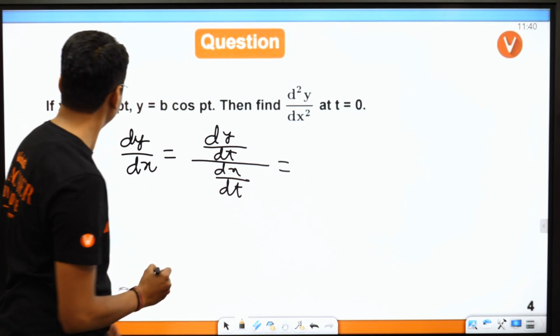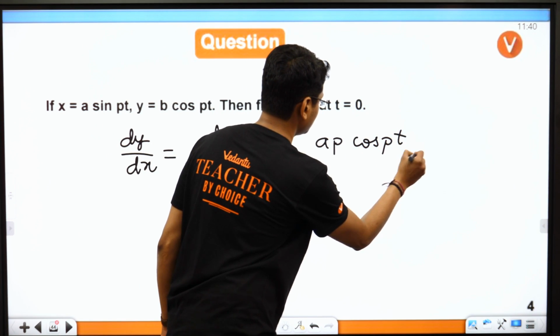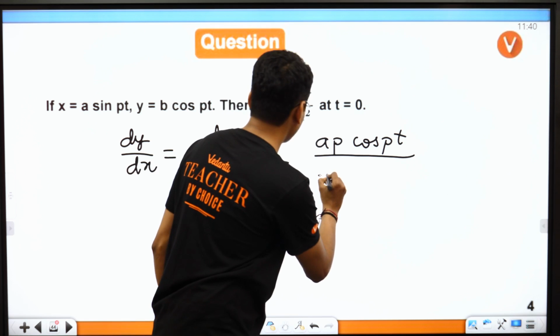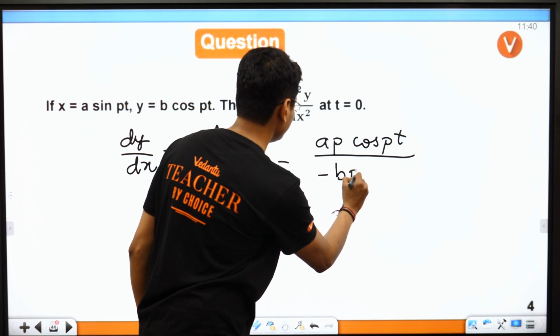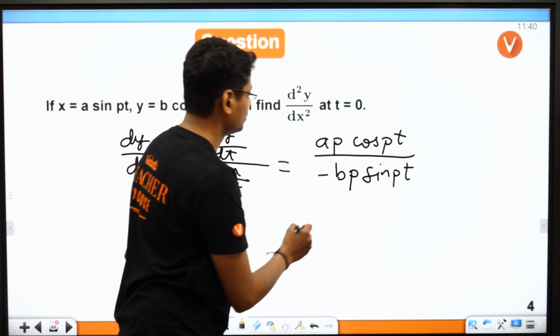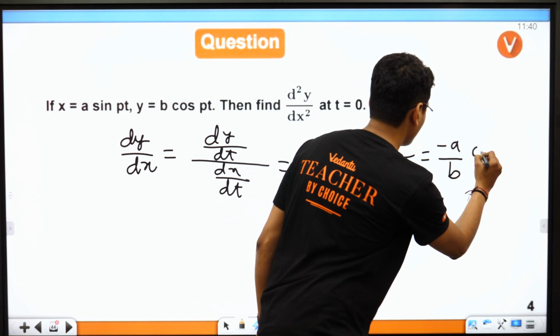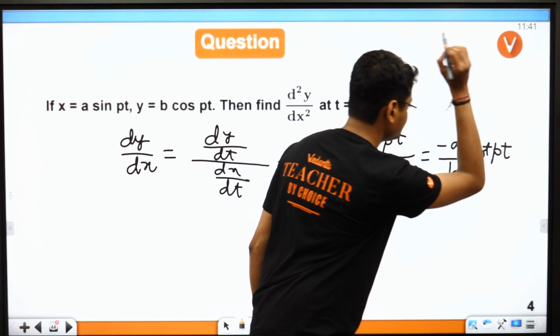So this becomes ap cos pt divided by minus bp sin pt. So basically it becomes minus a by b cot pt.